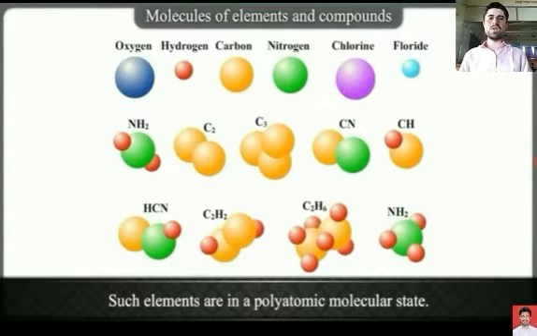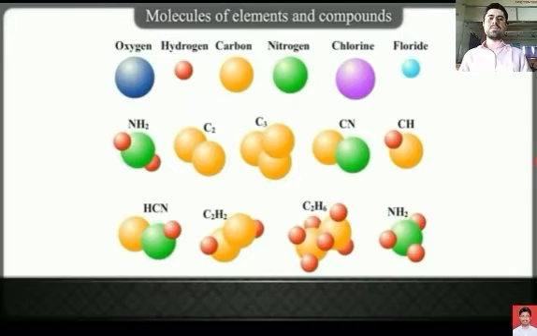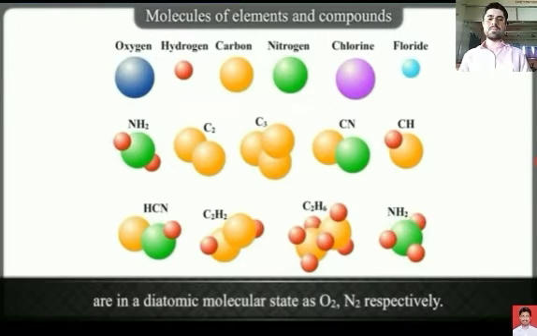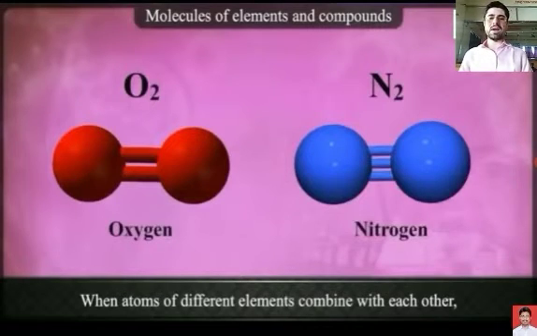As you can see on the screen, some elements are polyatomic in nature, for example carbon, oxygen and nitrogen. As we can see on the screen, the diatomic structure of oxygen and nitrogen.